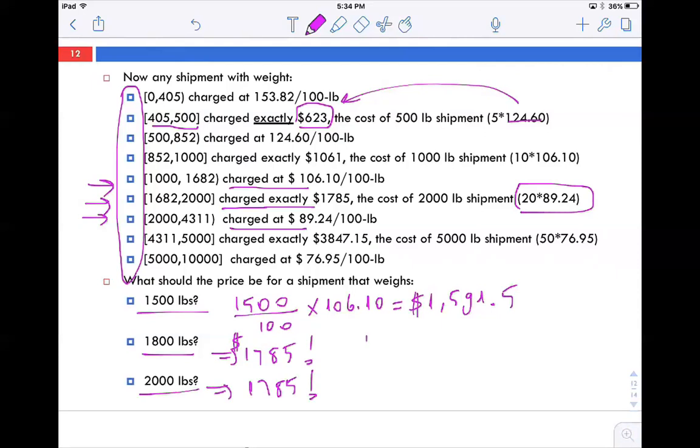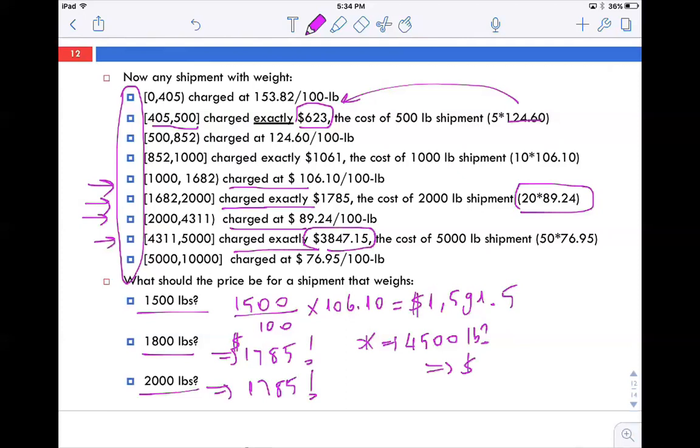Well, let me ask you another question. What about, for example, 4,500 pounds, right? What will be the total cost? And 4,500 should belong to this interval. And again, it is charged exactly this much, right?